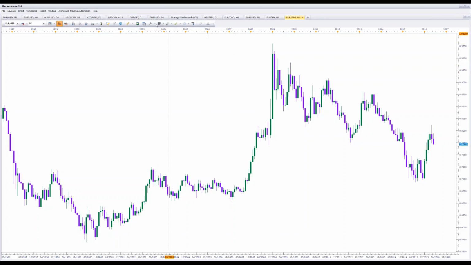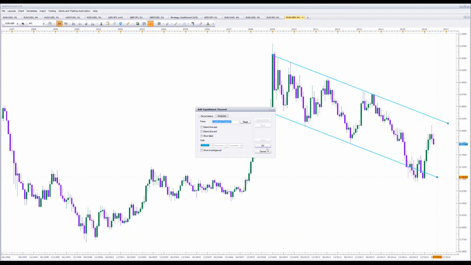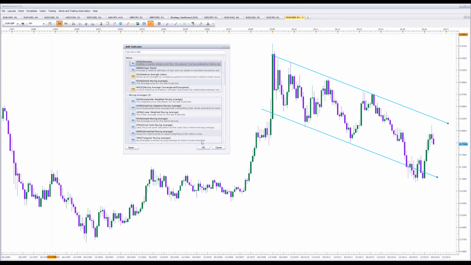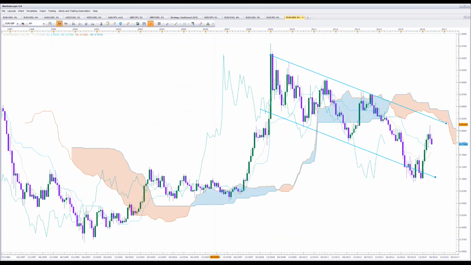And right now, as you can see over here, the pair is trading within a downward channel. And if we additionally add an Ichimoku cloud, we'll notice that the pair has actually crossed below the Ichimoku cloud as well.